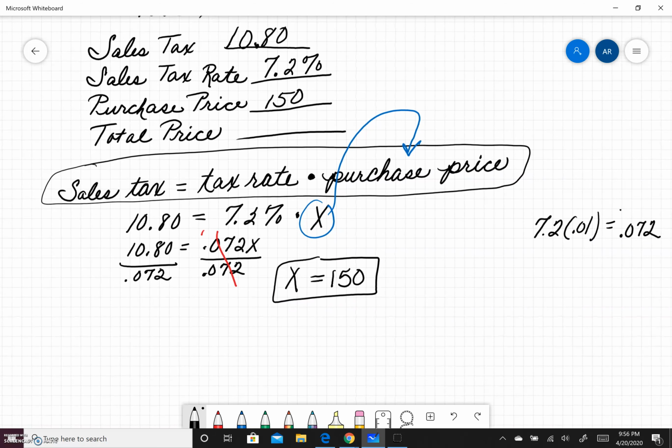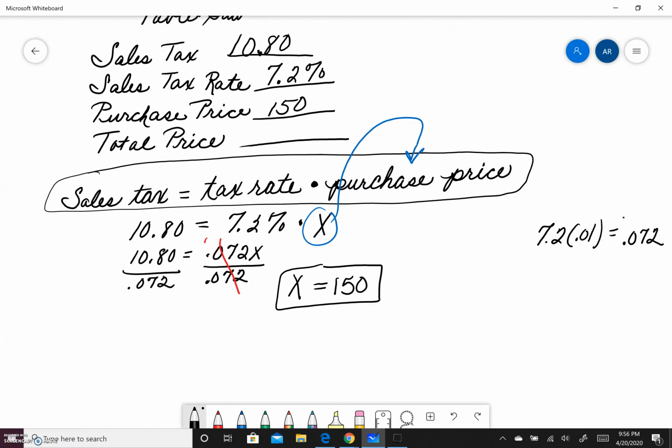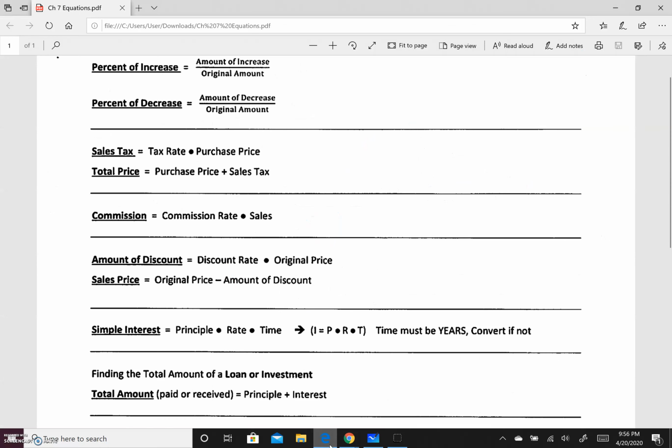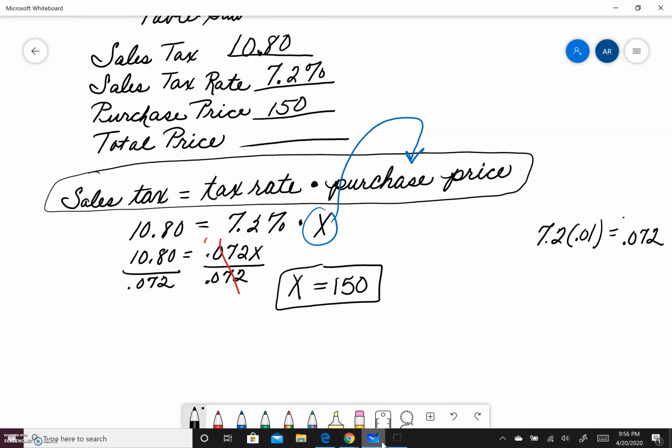Now the total price, that equation, going back to my sheet, the total price is your purchase price plus the sales tax. So I'm going to go back over, I'm going to see the purchase price, which is 150, plus my sales tax, which is $10.80. And that will give me my total price.